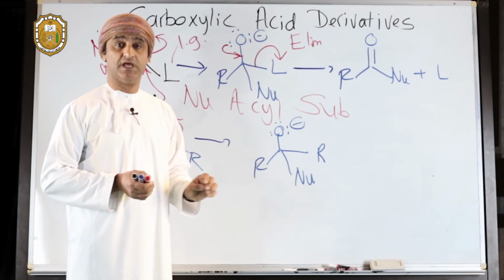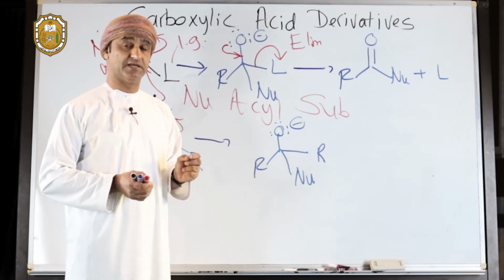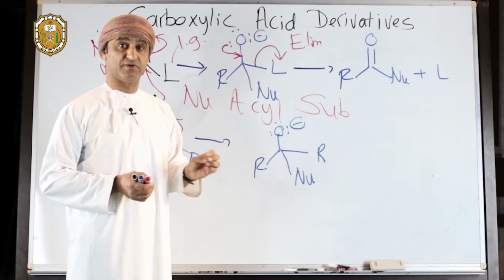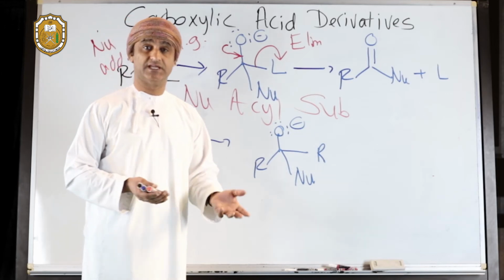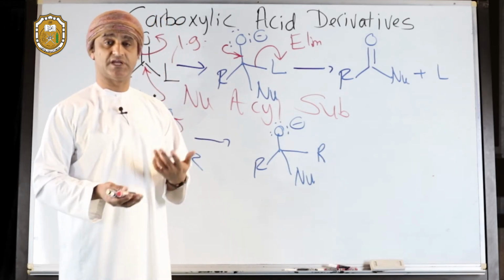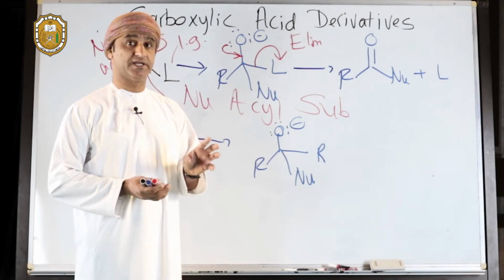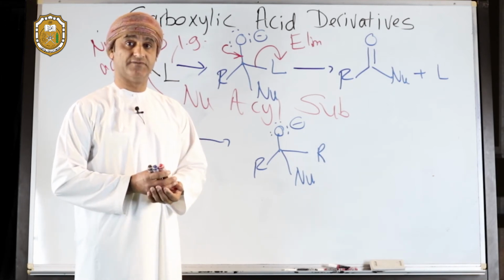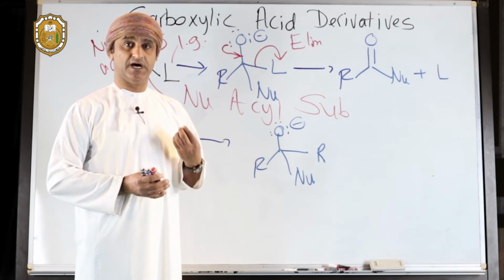They are terrible leaving groups because they are strong bases. They are unstable ions. They come from extremely weak acids, which are basically alkanes, and of course alkanes have a pKa of generally from 50 to 60. So R minus, or a carbanion, is a very strong base, an extremely unstable ion.